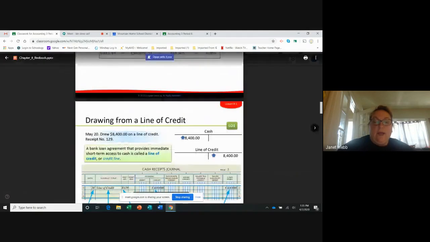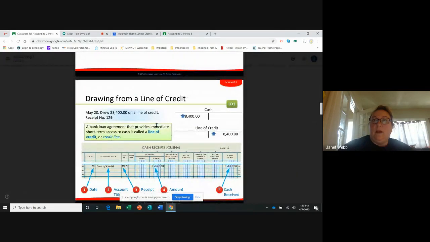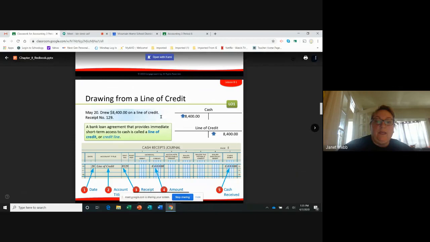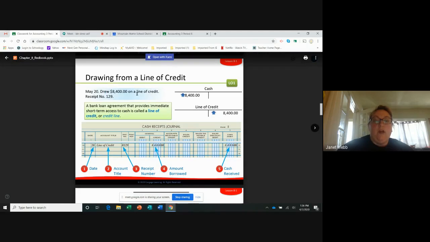A line of credit is just that from our bank. So we contacted our bank and said, hey, we need to get a line of credit. They're probably going to use it to pay for payroll. And if we draw on a line of credit, there's an account just called line of credit. Obviously it's a payable, because we're going to have to pay it back.